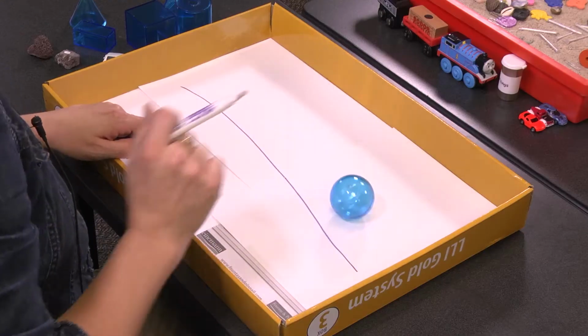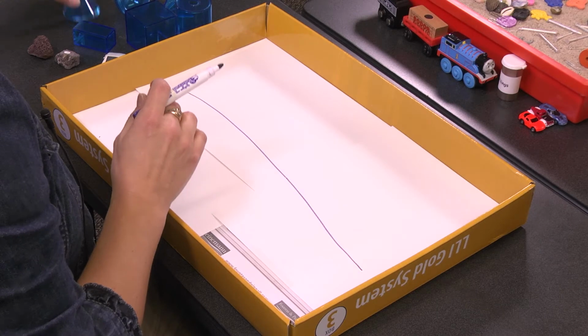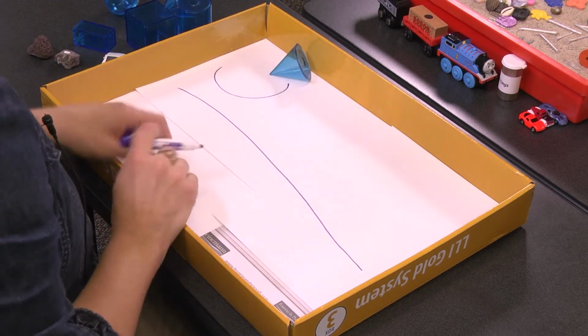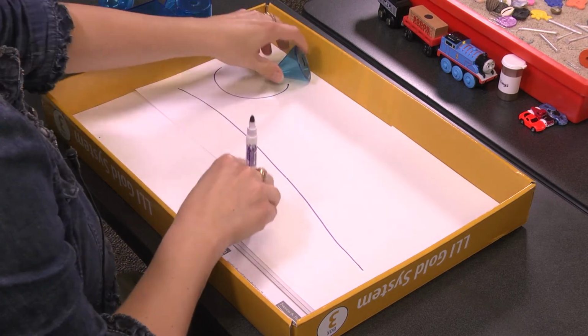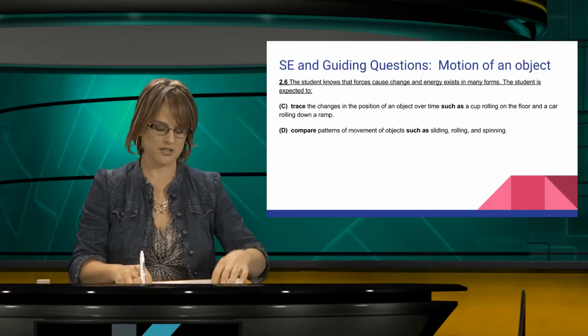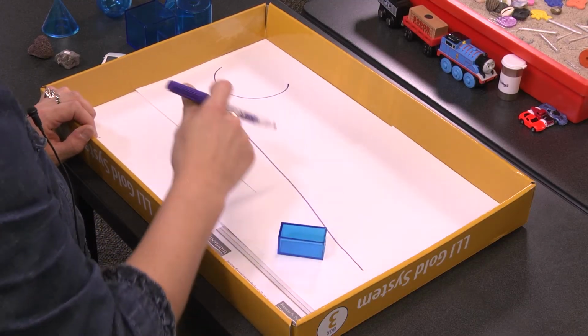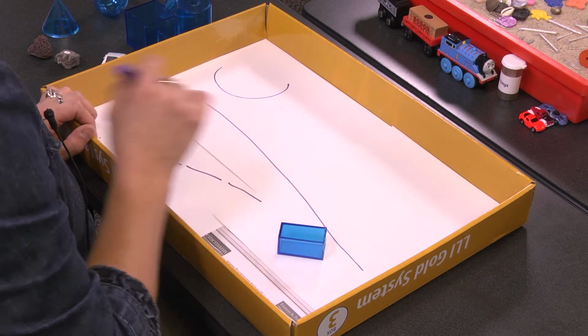So I can roll, or I can also spin, in the case of a sphere. If I take my cone, it worked in a similar manner to the cup rolling on the floor. Take our rectangular prism. It does more of a slide, stop, slide, stop, slide, stop.